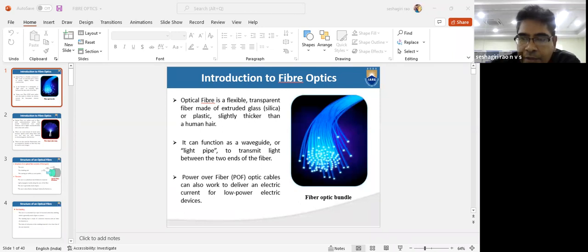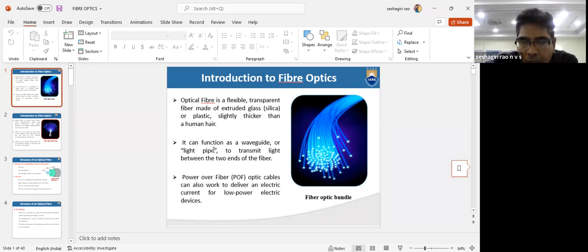It can be used for transmission of signals from one point to another, or as a light pipe to transmit light between two ends of the fiber.